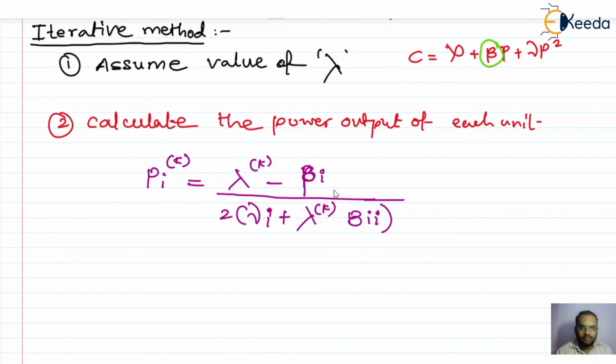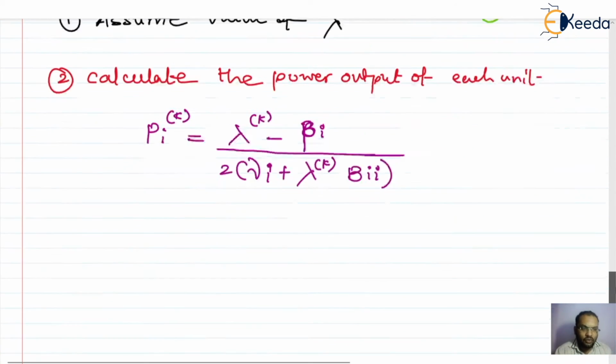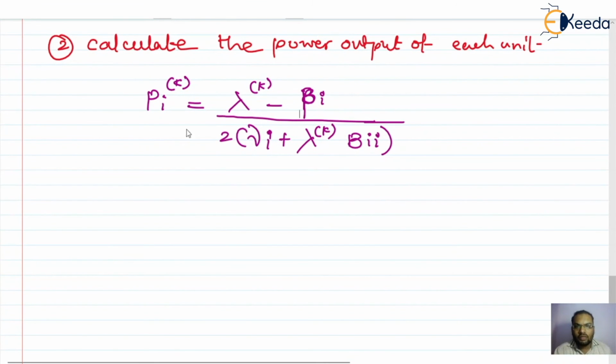With this equation, you calculate the power output of each unit. Once you calculate it, you have to check every iteration. When going for the iterative method, we should give the condition for convergence, because otherwise there is a question of where to stop, or after how many iterations. So it is better to always give the condition for convergence.